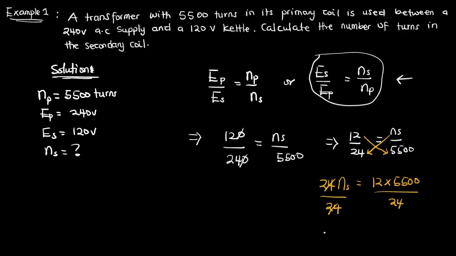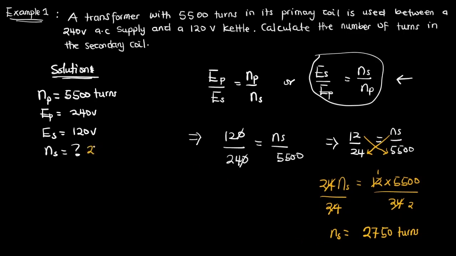This will cancel this, so my NS is equal to 12 going into itself 1, and into 24 2 times. So this becomes 5,500 divided by 2, and this gives me 2,750 turns. This is the number of turns on the secondary transformer.